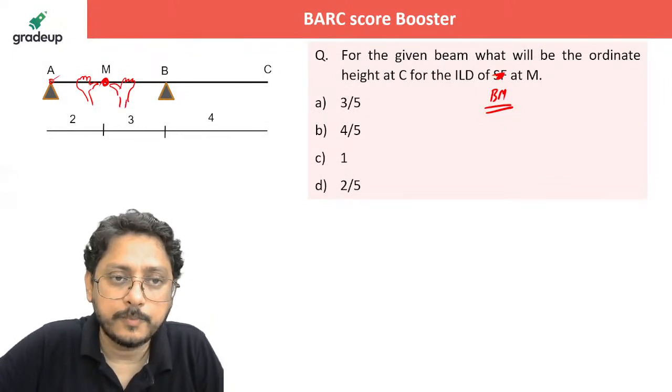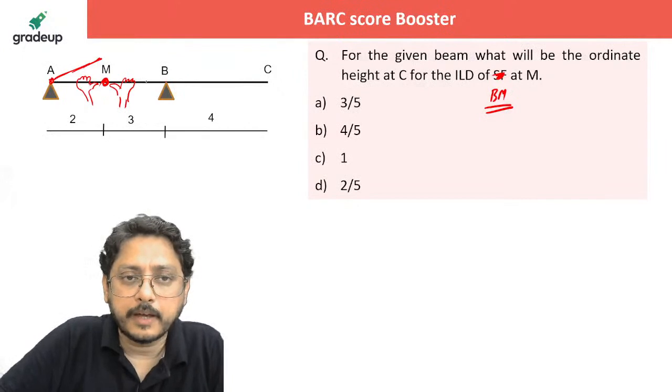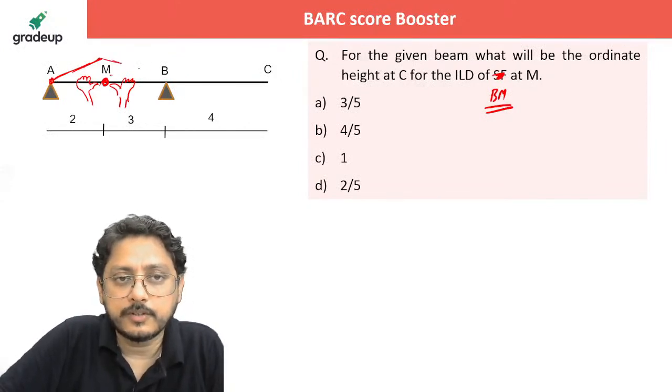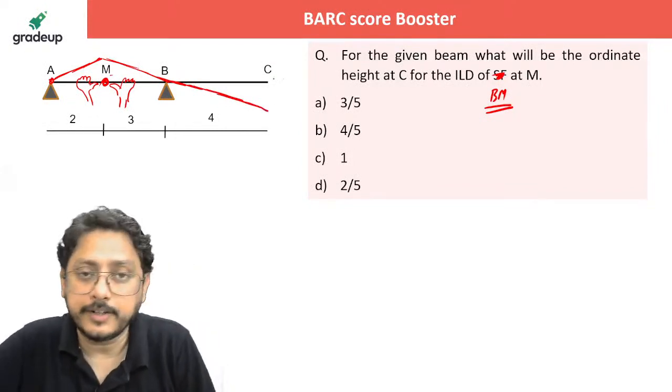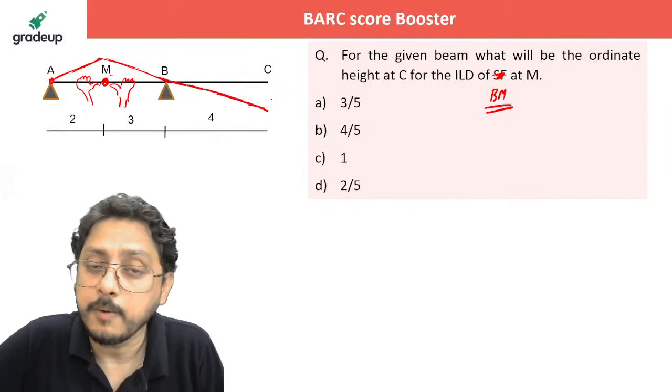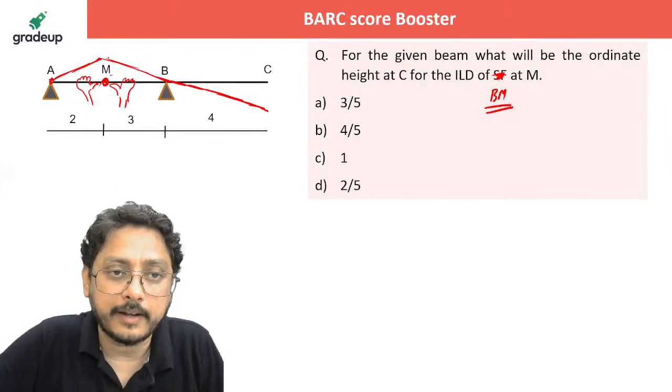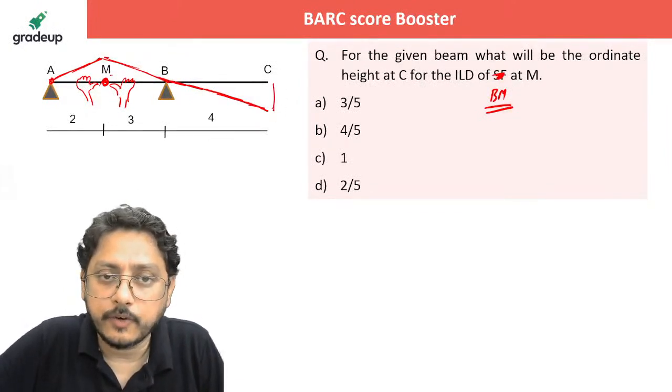Now provide that rotation here, and your beam MBC will be rotating about support B, and this is the deflected shape of your beam. The deflected shape of the beam represents your ILD for the bending moment at M. This is the correct ILD for the bending moment at M.